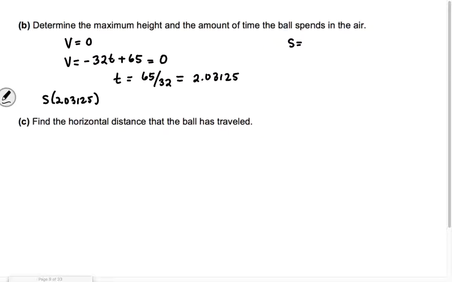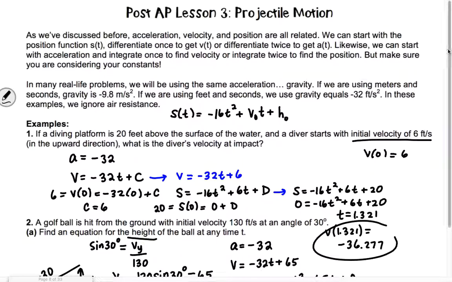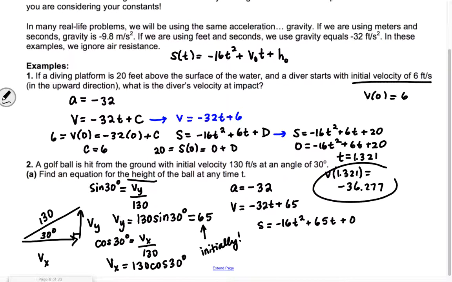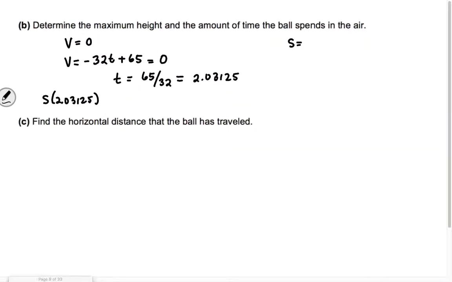If I plug that into the position equation, I have negative 16 times that answer squared plus 65 times my answer, and then plus 0. So what do we get for that maximum height? 66.016. So that's my maximum height.